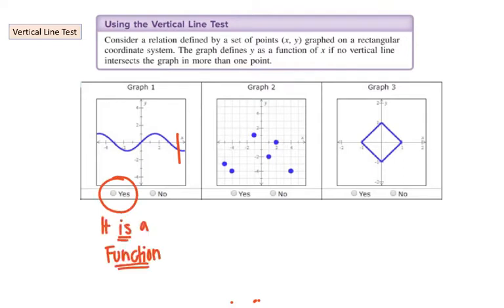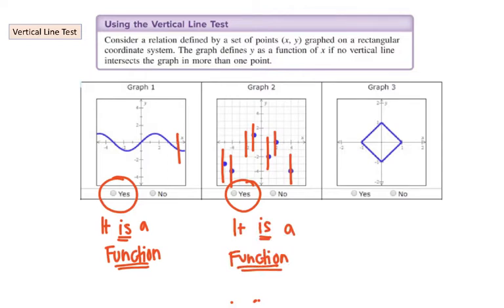It's just points that are not connected, but that's fine. We still move our vertical line from left to right across the points. And at any given time, every vertical line that intersects is only intersecting one point at a time. So again, I would say yes, it is a function.